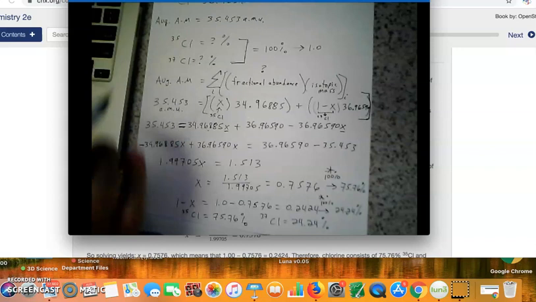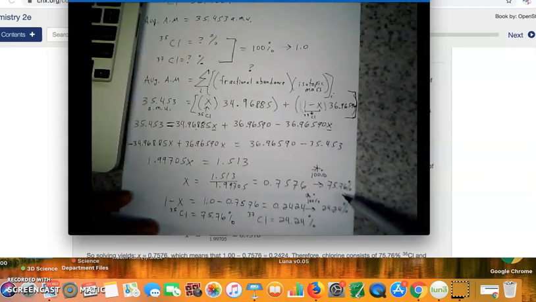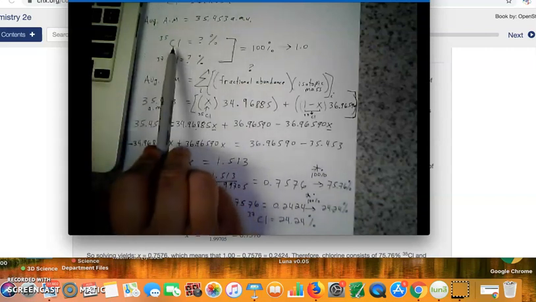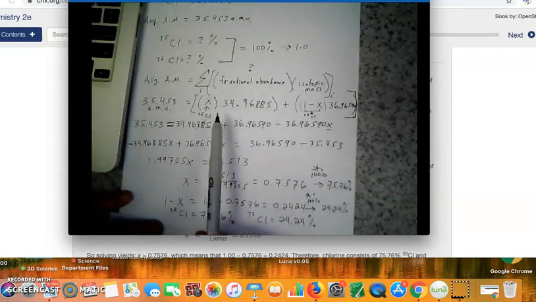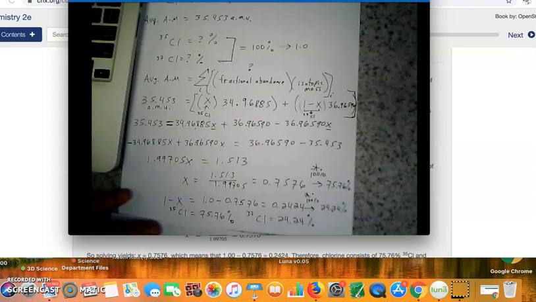Now if you remember, we defined X as being the fractional abundance for chlorine-35, right? And so 1 minus X is chlorine-37. So all I have to do is take 1 and subtract my decimal approximation here to get 0.2424.